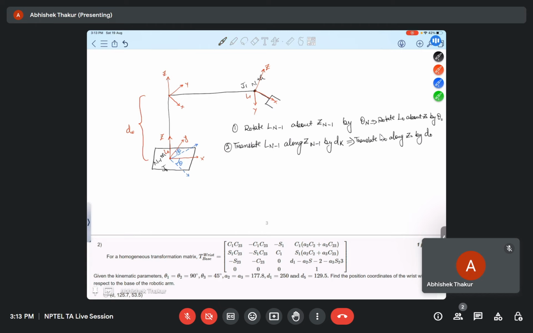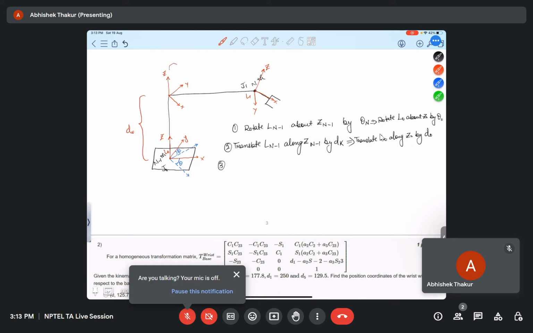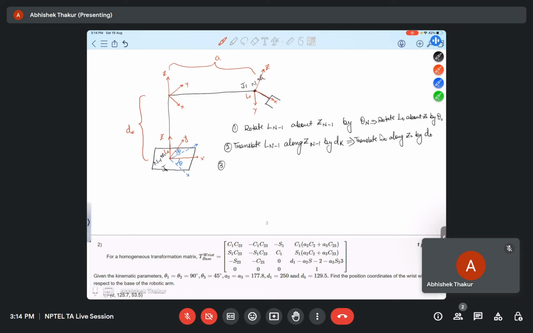So the third transformation we have to do is again translate this along the AK. So let's suppose this distance is A. So we have to translate it. Okay.